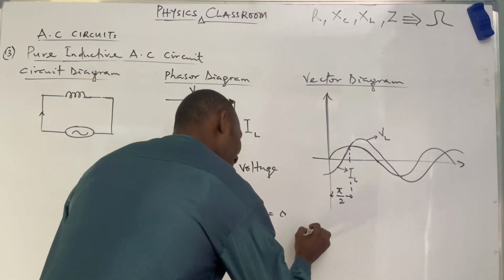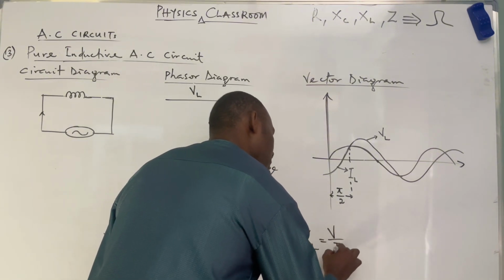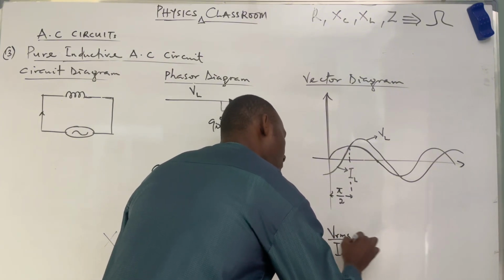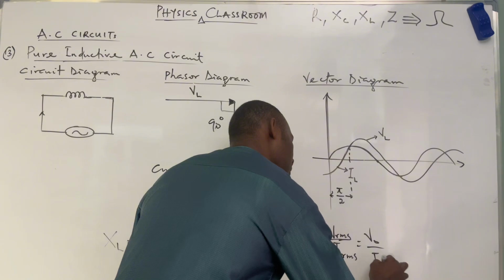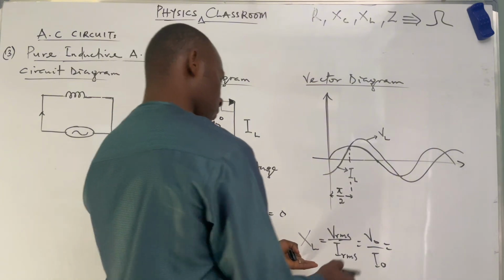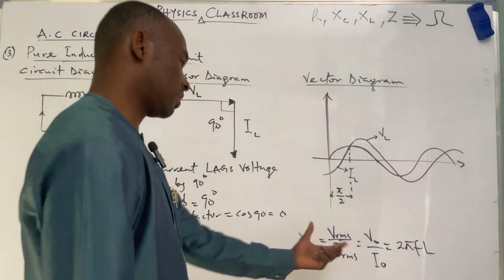So our XL will be equal to V all over I, which would be VRMS all over IRMS, or peak voltage all over peak current, which could also be equal to 2 pi FL. Please take note of this.